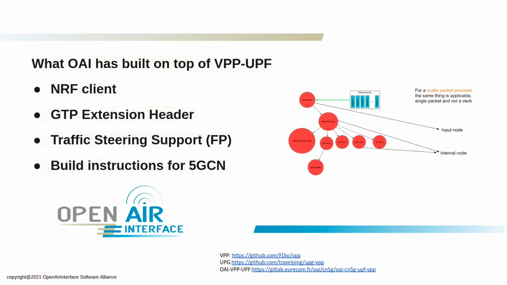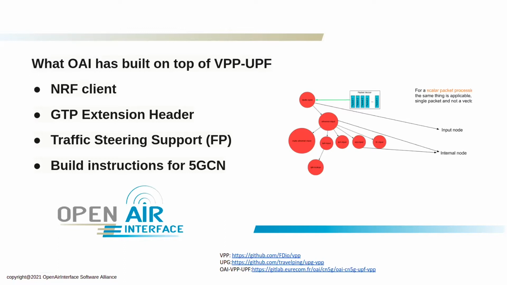Then just a final thing. I talked about VPP and UPG. Then what is the difference, what has OAI built on top of this VPP UPF? We have done a couple of things. We built a Python NRF client, which is able to register to NRF, and then SMF can use this information to discover UPF.